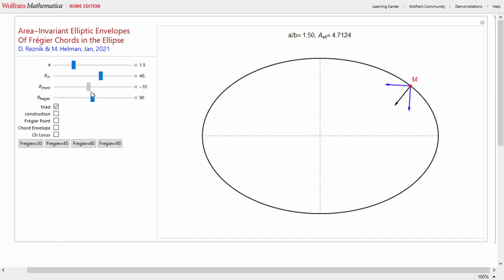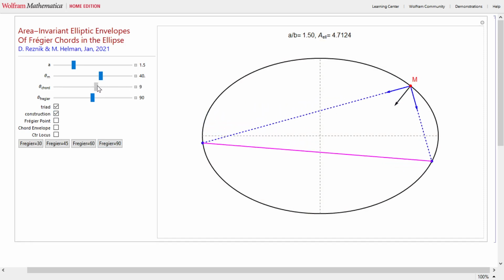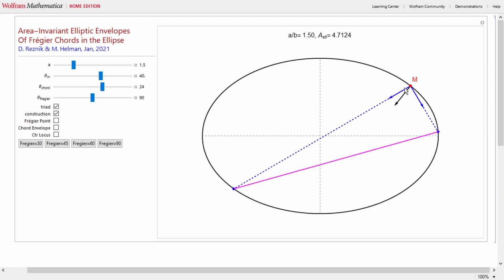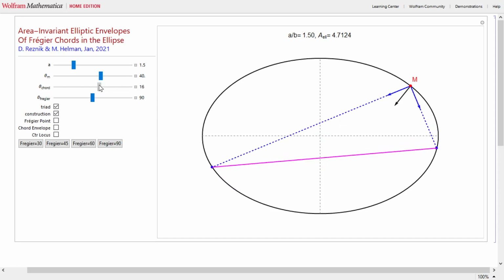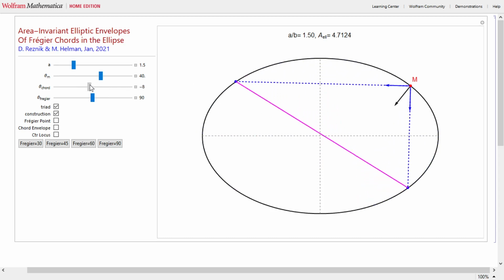When I'm in the center position, I can draw that chord, but I can also watch this chord as I rotate the pair while maintaining the 90 degrees. So this is a family of 90-degree arrows that I'm rotating, and there's a right angle between the two blue arrows there.